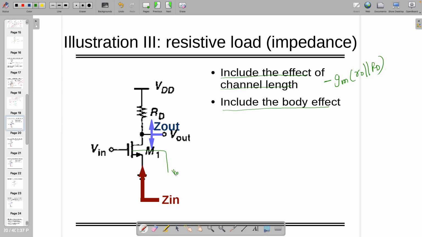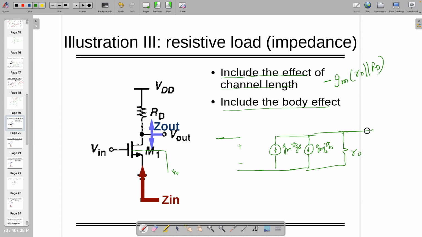So you just add that. What are you going to see? You can draw the small signal model. Maybe an easier one, I can make it for you. Gm VGS, and here Gmb VBS, body to source, then R0, and of course RD will also be here.